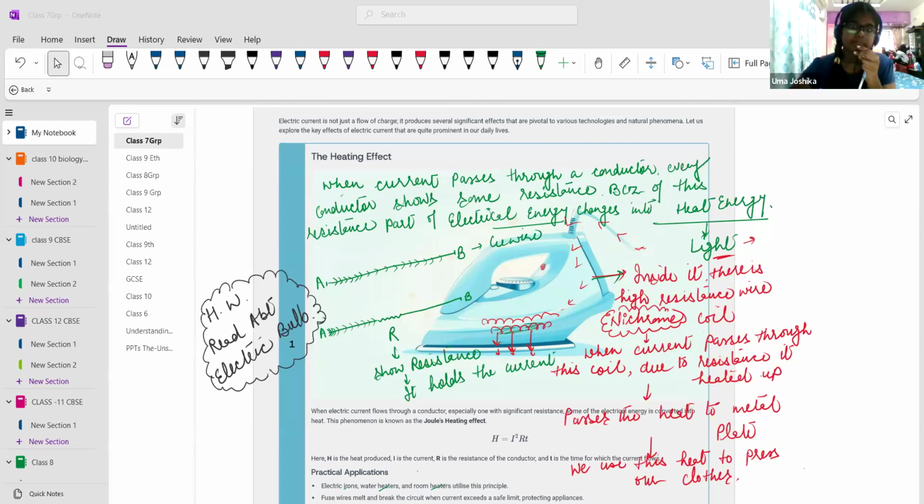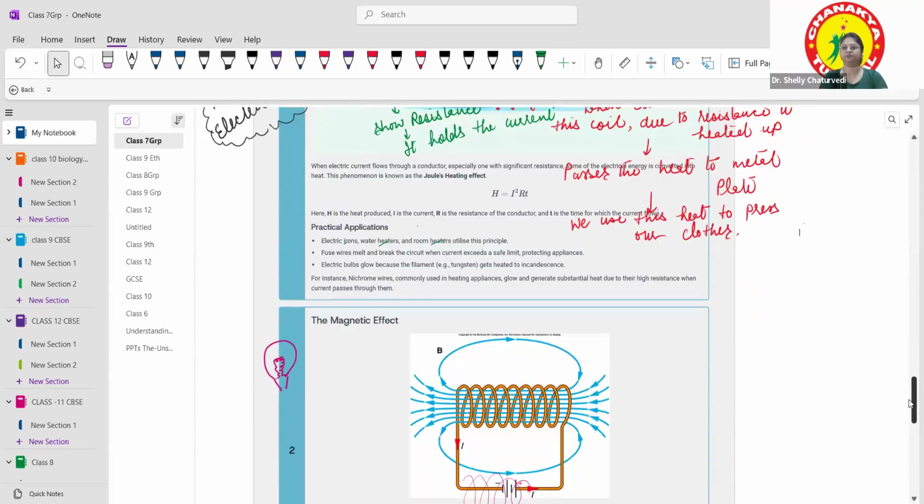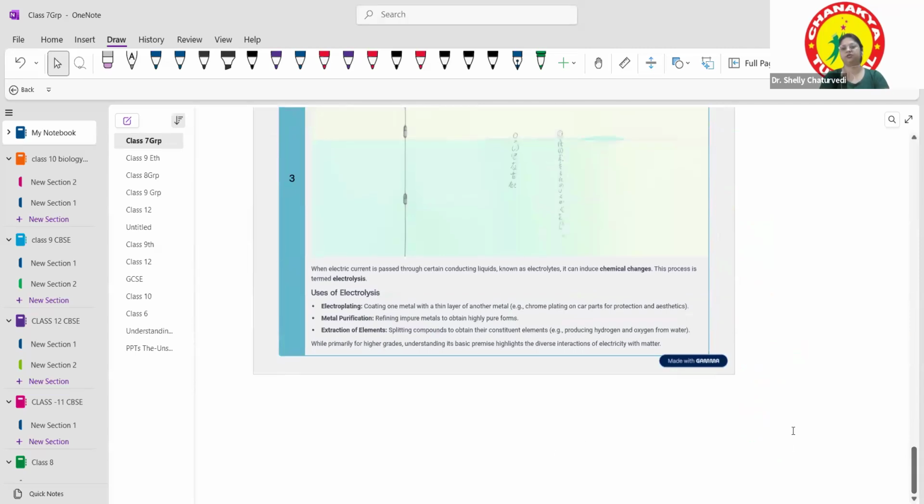Okay, so the bulb is clear, everyone? The next thing we are going to discuss after the bulb. The bulb is made up, just in short, of a thin tungsten filament. The property of the tungsten filament is that it has high resistance and a high melting point.